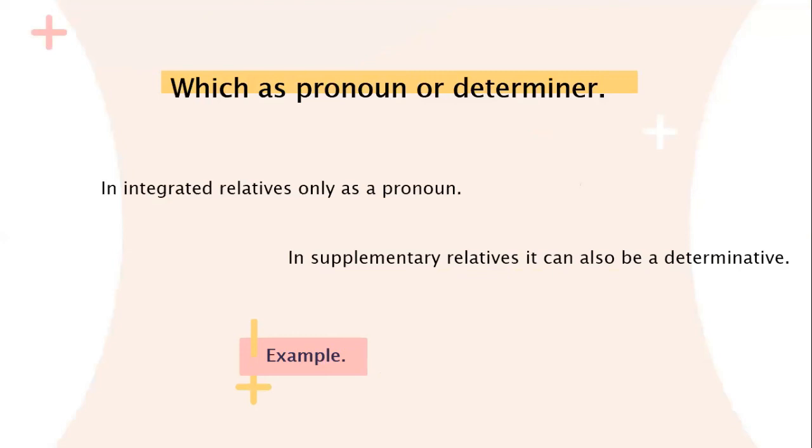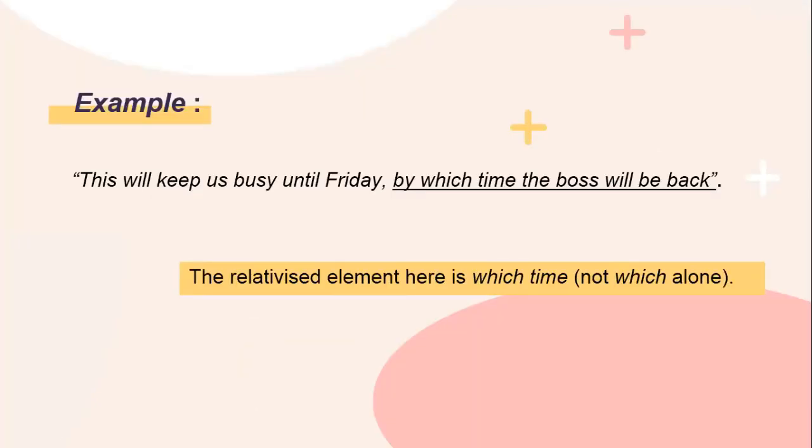The third difference is which as pronoun or determiner. In integrated relatives, it is only a pronoun. In supplementary relatives, it can also be a determinative. For example: this will keep us busy until Friday, by which time the boss will be back.